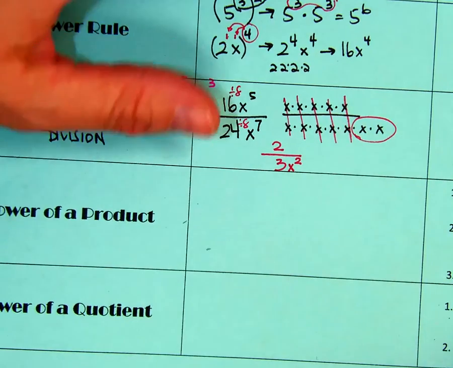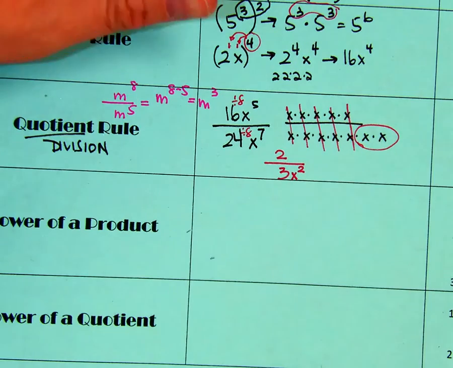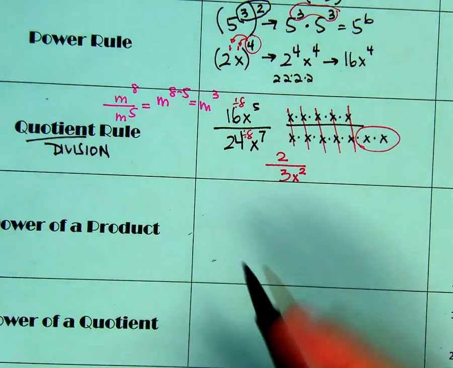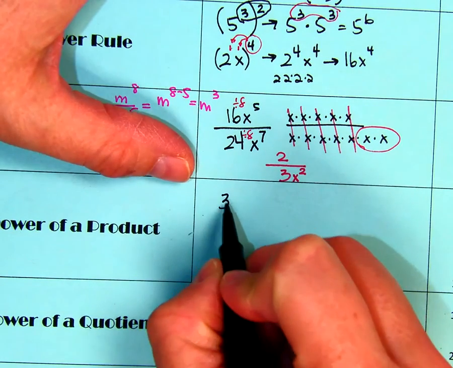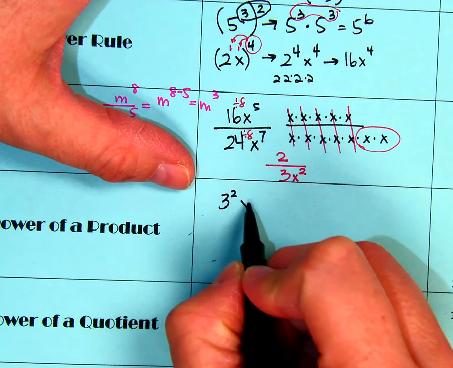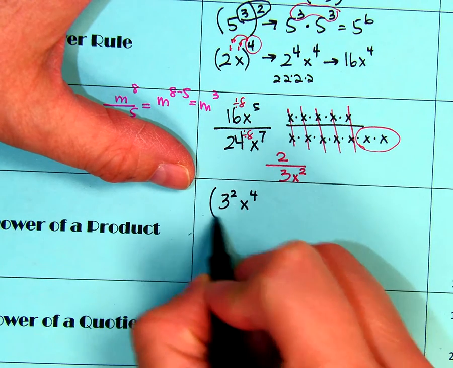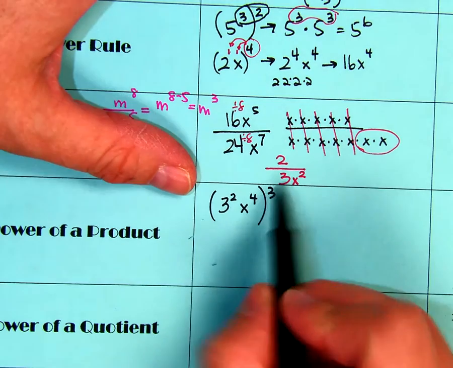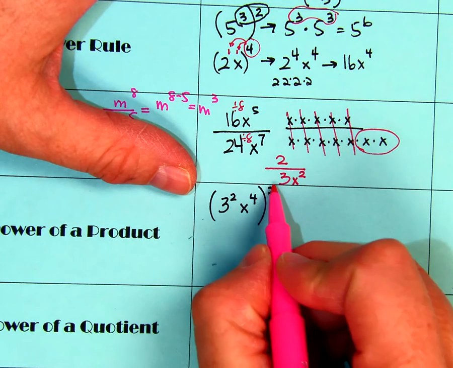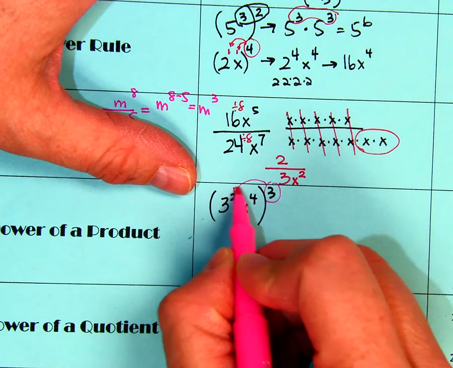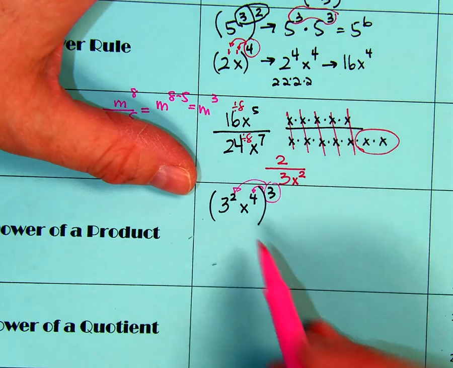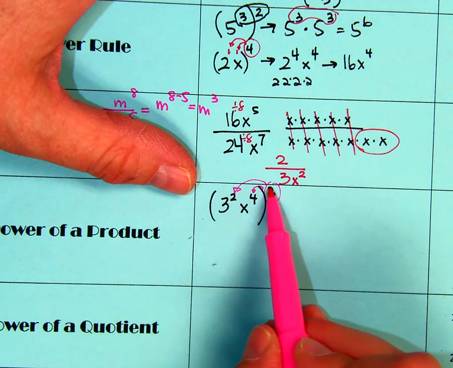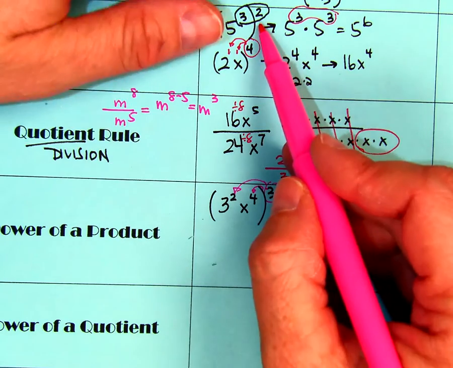Power of a product. This is what I pretty much did up above. So if you have 3 squared x to the 4th, all to the 3rd power, this exponent has to go to every term. Now it is not 2 to the 3rd, just like up here, we multiply.